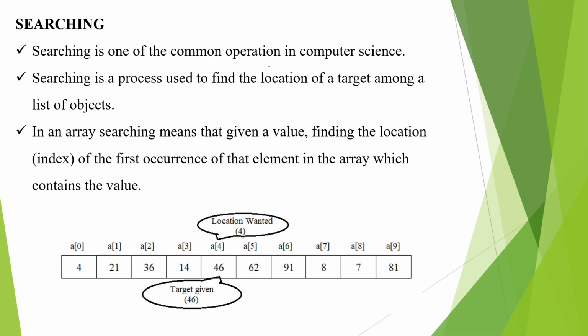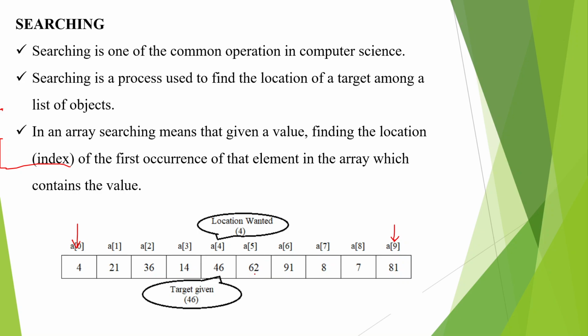Here we have a list of 10 items, the array name is A. The starting item's index is 0, and the last item's index is 9. So this is what we have in hand.